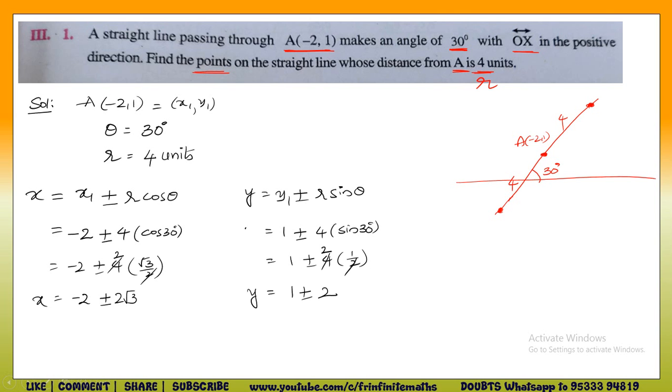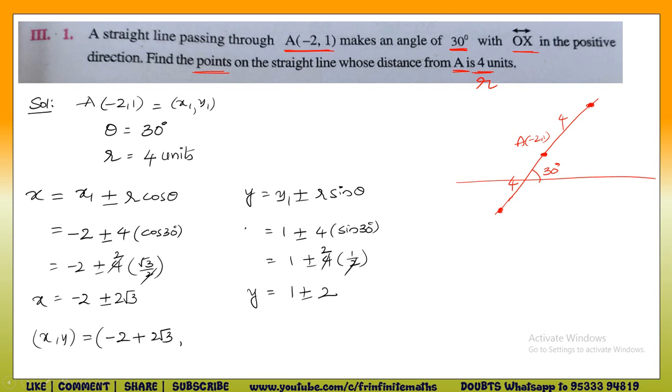Now since we will be getting 2 points, those 2 points are obtained by considering plus one time and minus one time, right? The first point is obtained when you consider plus. When you consider plus, this becomes minus 2 plus 2 root 3.